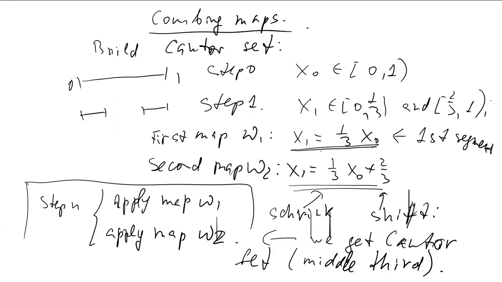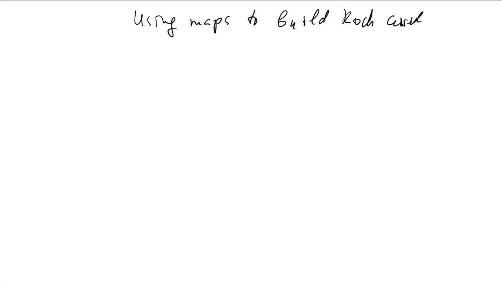And finally, I will show how to use maps to build the Koch curve. This is an interesting case because here we will encounter two-dimensional maps for the first time, and we will talk about two-dimensional maps from the next lecture onward. Let's consider the Koch curve again.